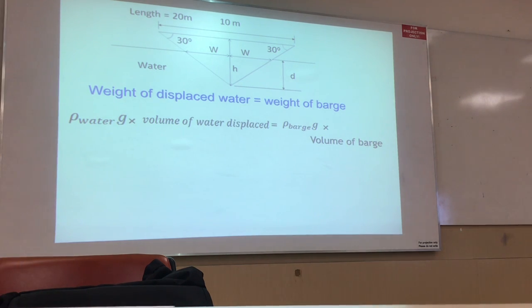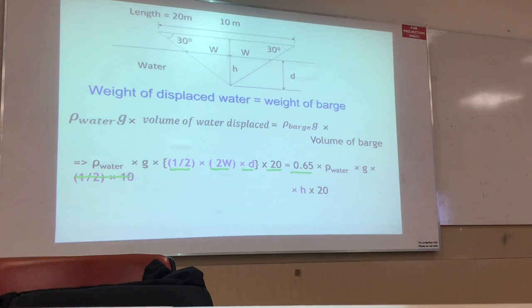I can write rho of water times G times the volume of water displaced, equals rho of barrage times G times volume of barrage. Then rho of water times G, half times 2W times D times 20, equals 0.65 rho of water G times half times 10 times h times 20.